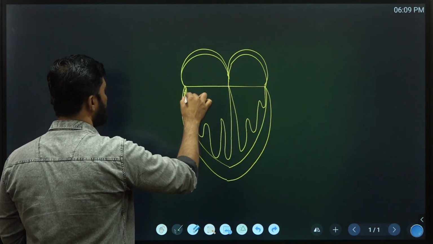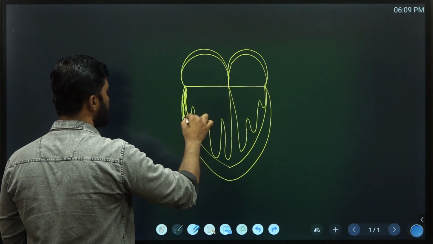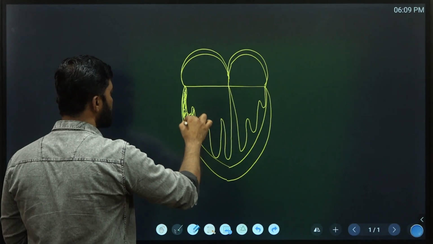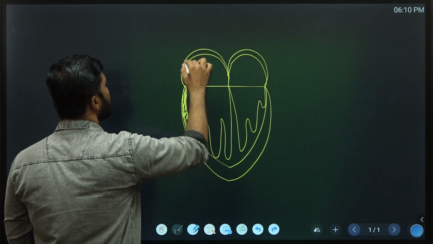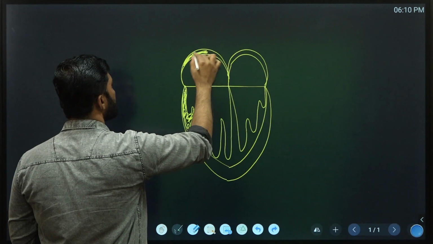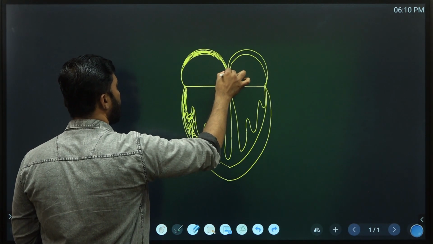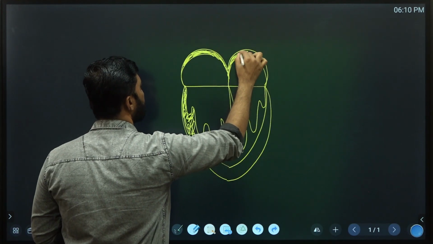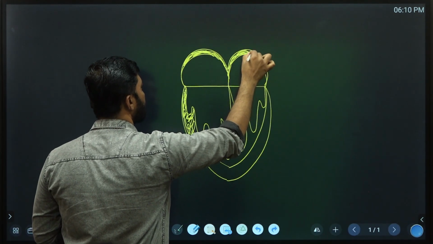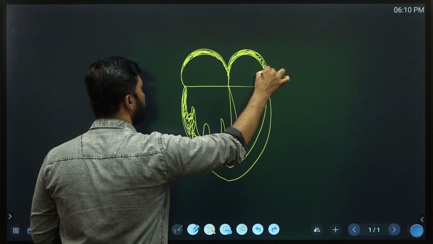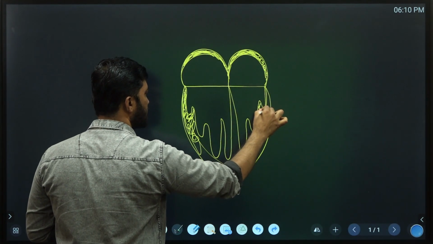This is the lower two chambers, the ventricles, and this is the upper two chambers, the auricles.